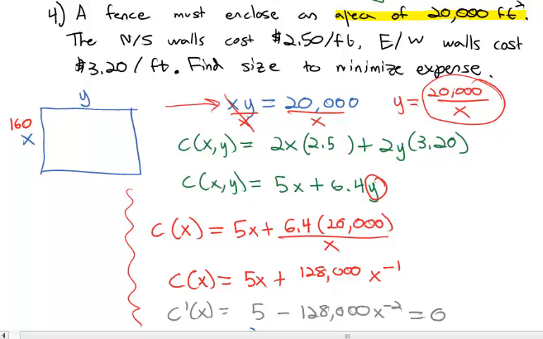Y, the east-west wall. Remember, we said that y was equal to 20,000 divided by x. So y is equal to 20,000 divided by 160.